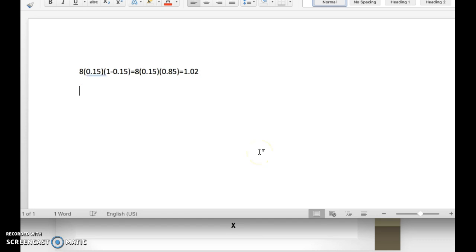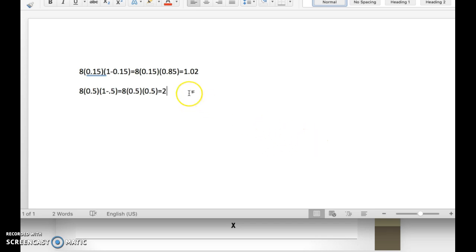In this case, 8 times 0.5 times 1 minus 0.5. If you wanted to simplify, this just becomes 8 times 0.5 times 0.5. Most of the time you're going to want to use your calculator. Drop this in and you'll get 2.